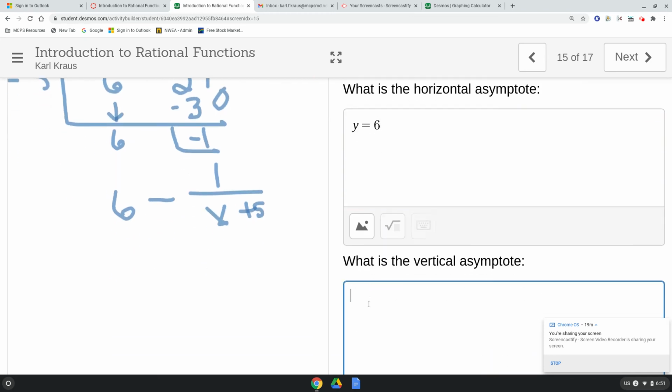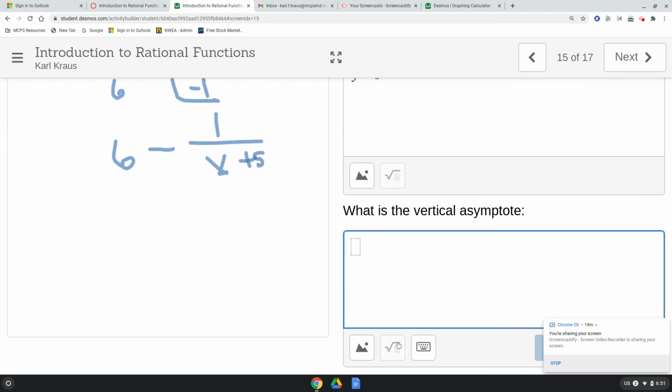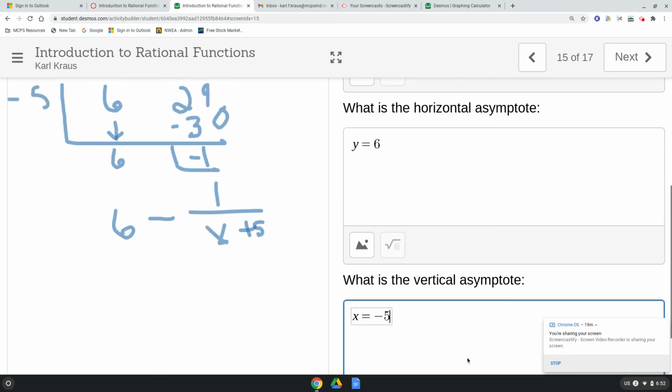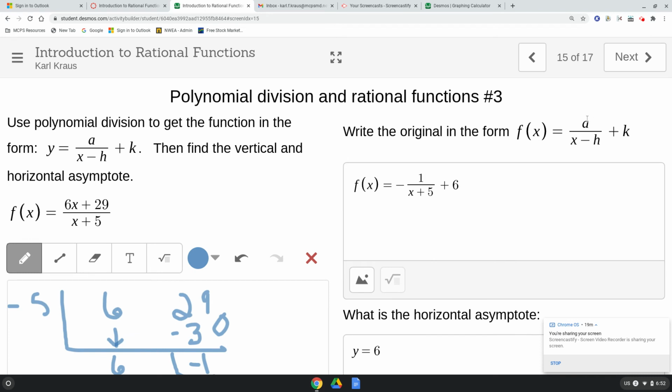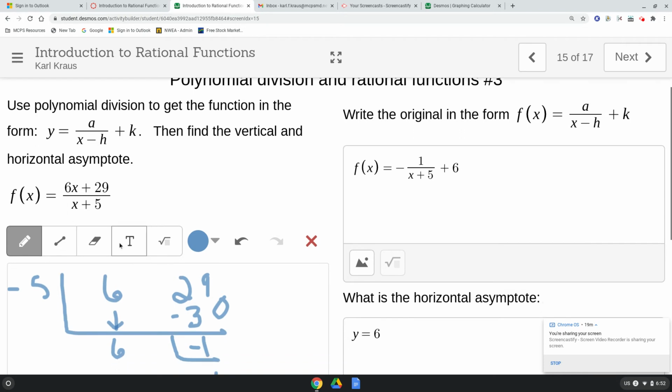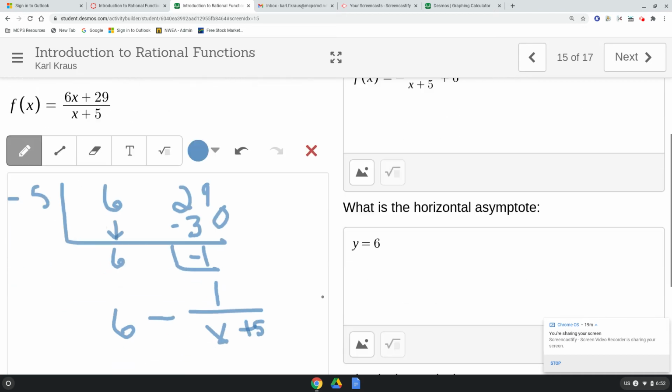Vertical asymptote x equals negative 5. What makes the denominator 0? Negative 5. This is added, so y equals 6. Or over here, 6 over 1 is 6. What makes the denominator 0? Negative 5.